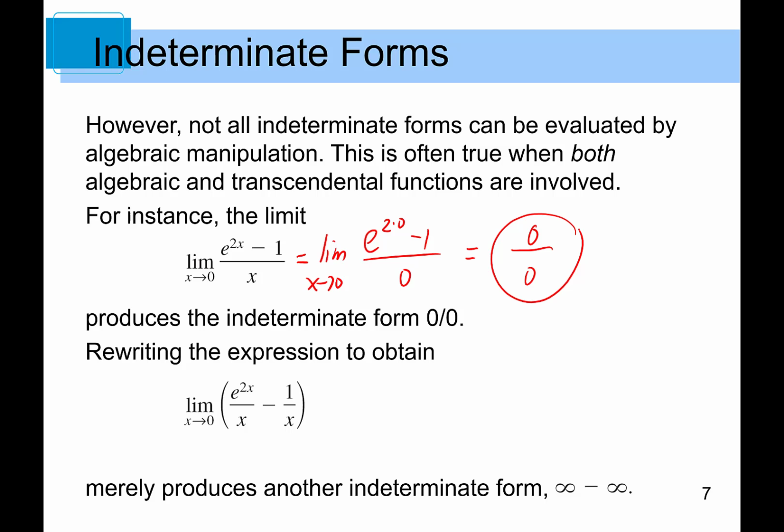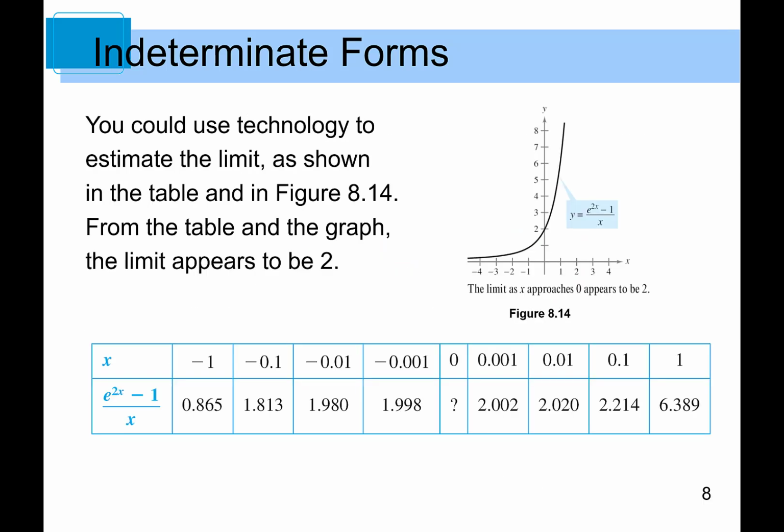When we talk about a limit at the very beginning, we could create a table to estimate the limit. So let's take a look at this. When you graph it, this is the graph, and it looks like when x approaches 0 from the left and from the right, it gives you a limit of 2.